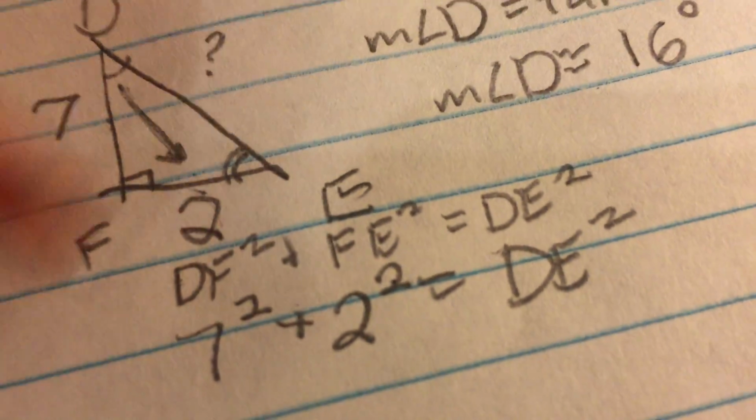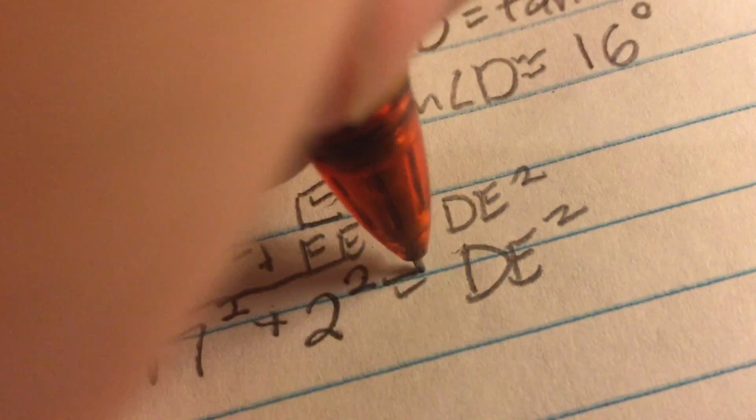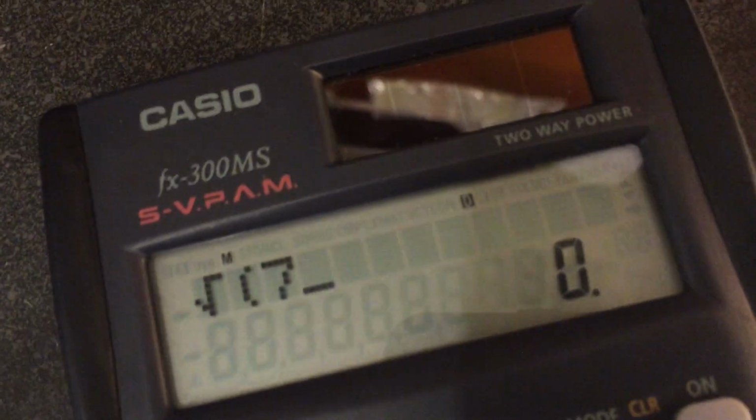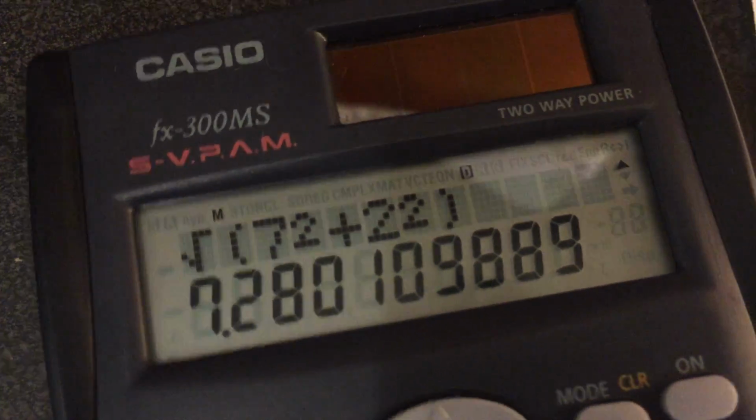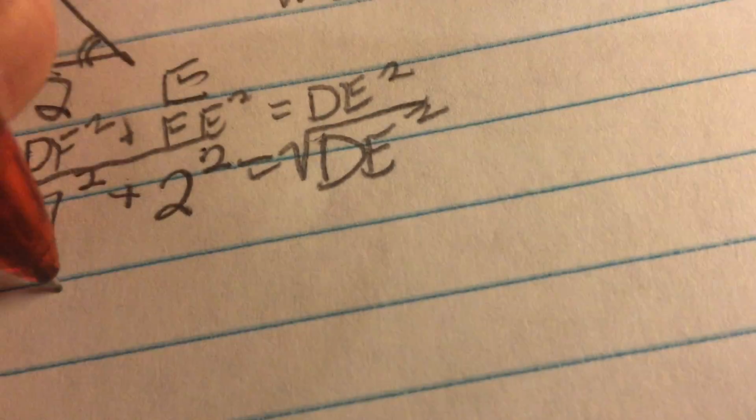So you do this to this, and then you just square root, and then you can use your calculator. See? The square root of 7 squared plus 2 squared is about 7.3.